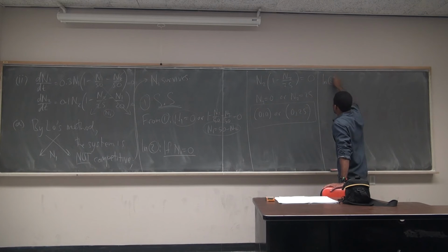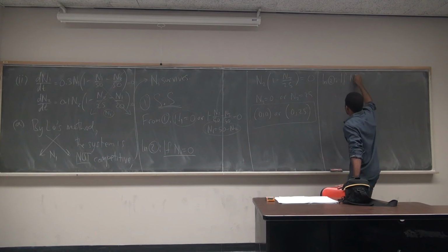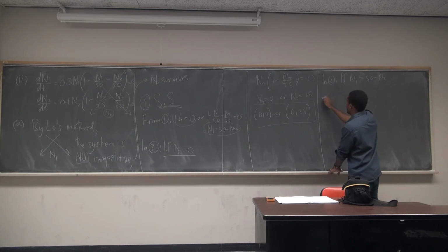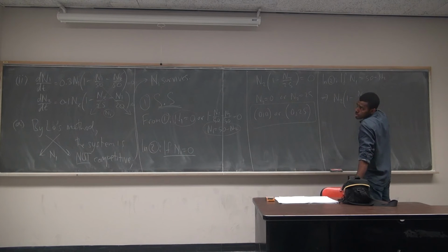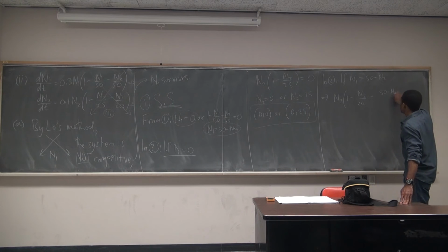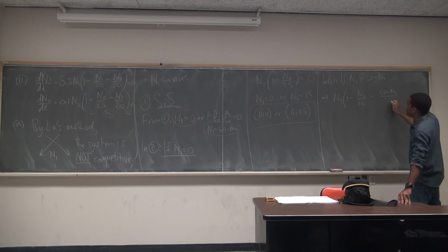In equation 2, if n1 equals 50 minus n2, then the equation I'll end up with is n2 times (1 minus n2 over 25 minus (50 minus n2) over 20).